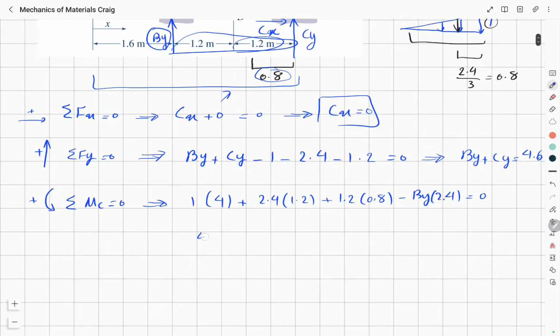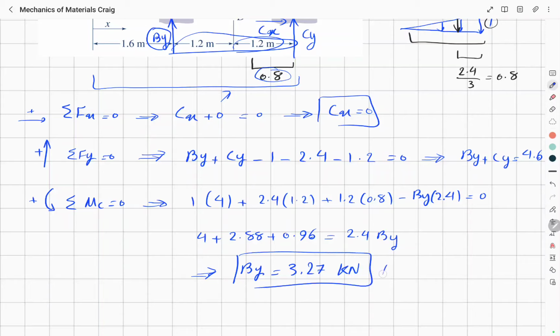So 4 plus 2.88 plus 0.96 is equal to 2.4 By, and this will give us By equal to 3.27 kilonewton.